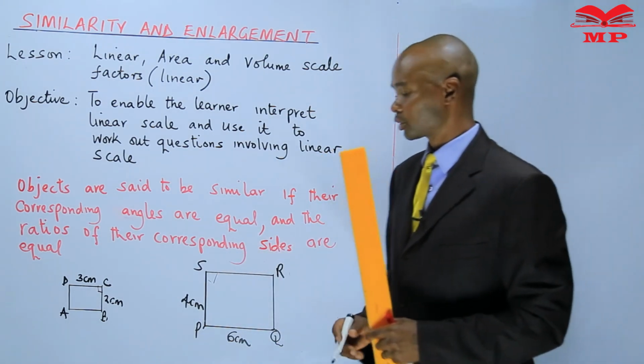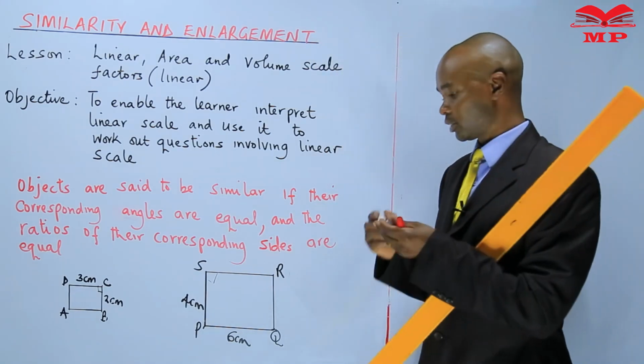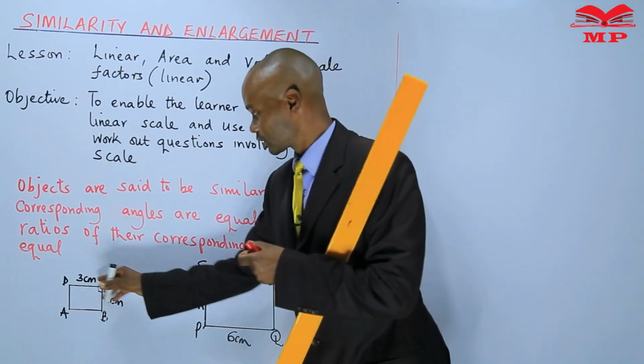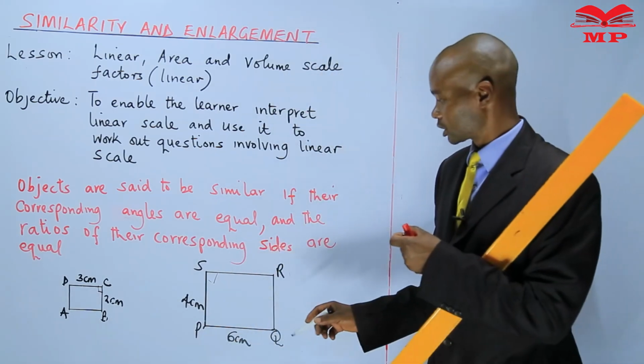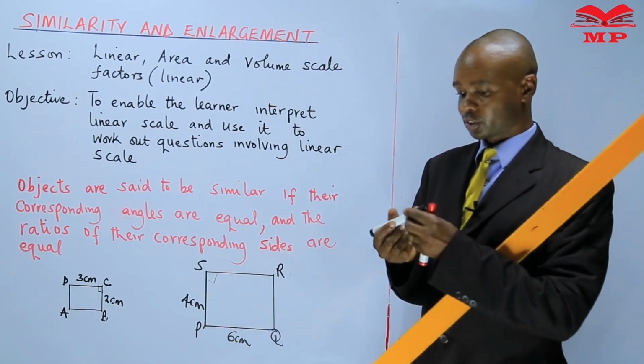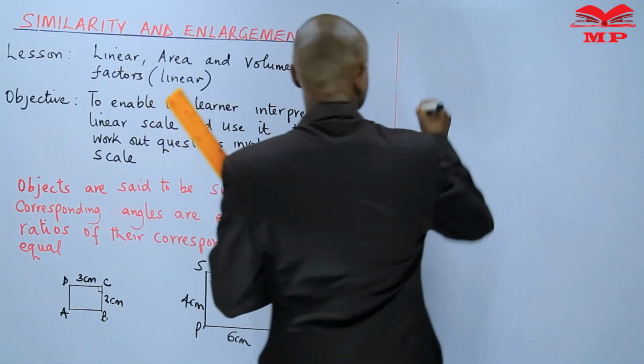Let's look at the ratios of their corresponding sides. This is 3/2, it is equal to 6/4.